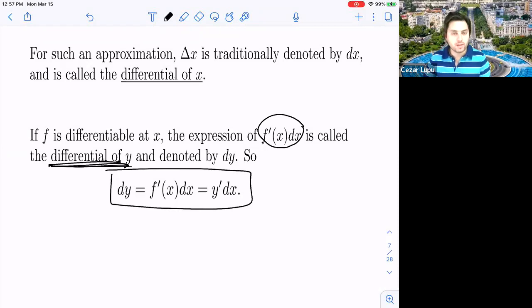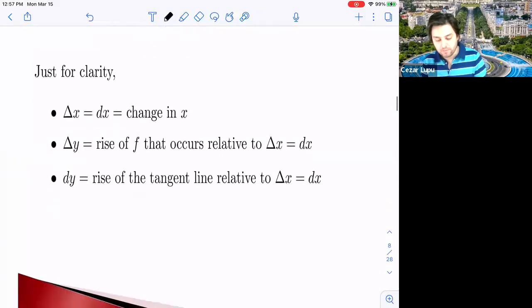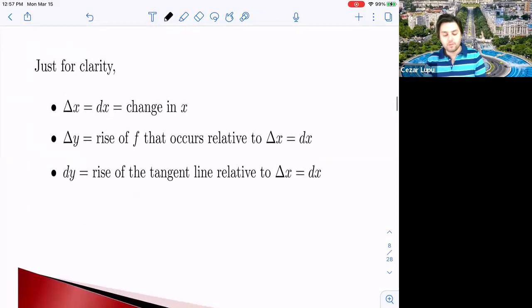So once again, let's recap now. And just to be clear, we will have the following. Delta x, which is dx, will be the change in x. Delta y is the rise of f that occurs relative to the change in x.